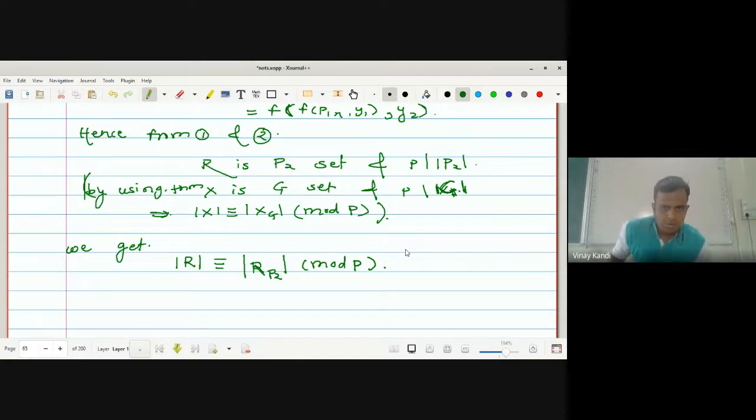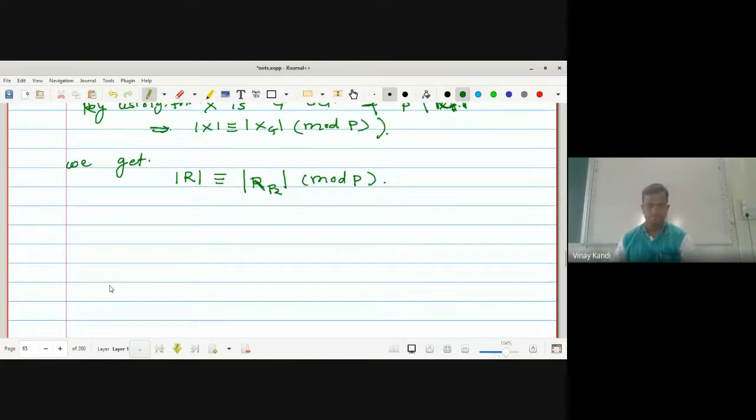So we know that order of R is nothing but the collection of all right cosets of p1 in G. That means the index of p1 in G. So this implies order of R is equal to order of G upon order of p1.